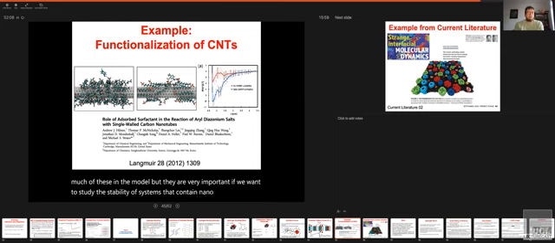So in the case of carbon nanotubes, this is a paper from MIT, but we have many papers, our own group, on this same subject. We want to use carbon nanotubes for many different applications: sensors, glucose sensors, cancer diagnostic and therapy, and so on and so forth.